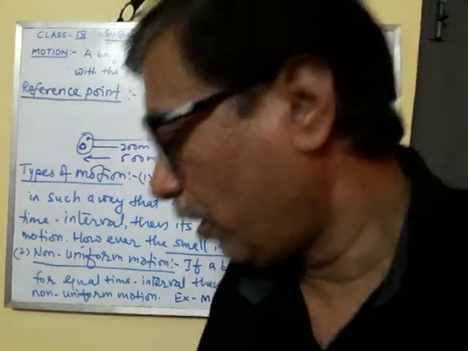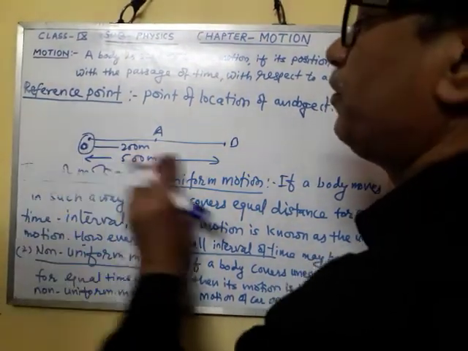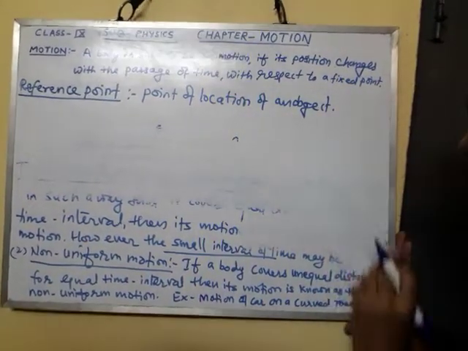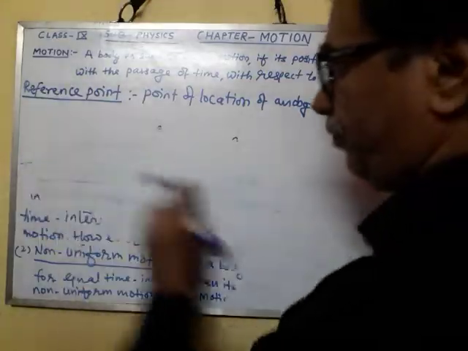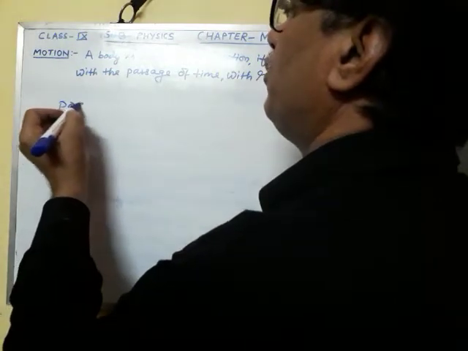Okay. Next, we will take some examples to describe uniform motion and non-uniform motion. Here is a position-time table.